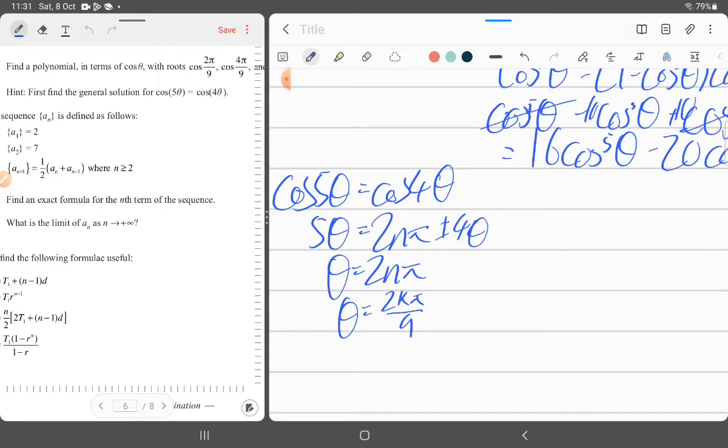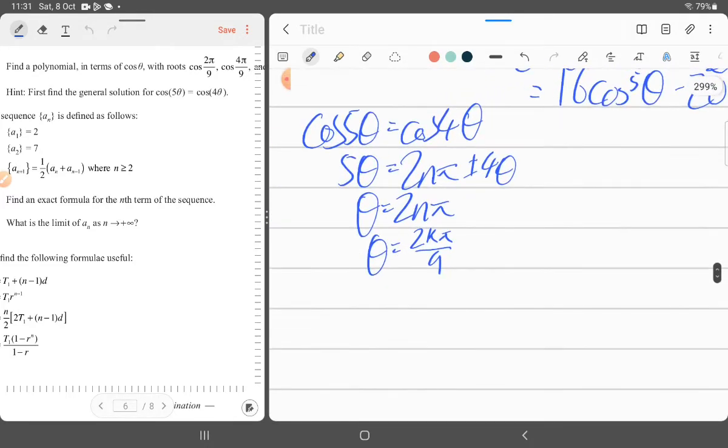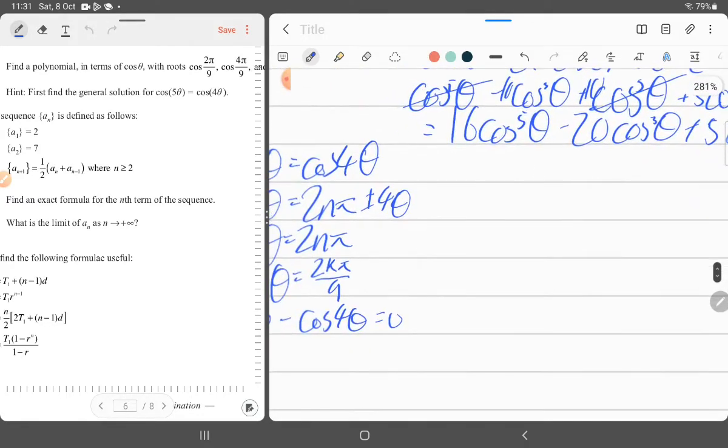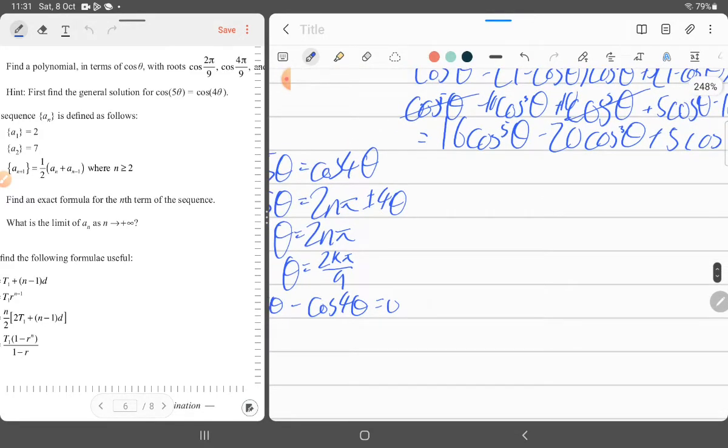Alright, so what we're trying to do is cosine 5 theta minus, wait, how's this hint going to help? I might just as well do it anyway. Yeah, actually I think this is how I did it. 1 1 1 2 1 1 3 3 1 1 4 6 4 1.